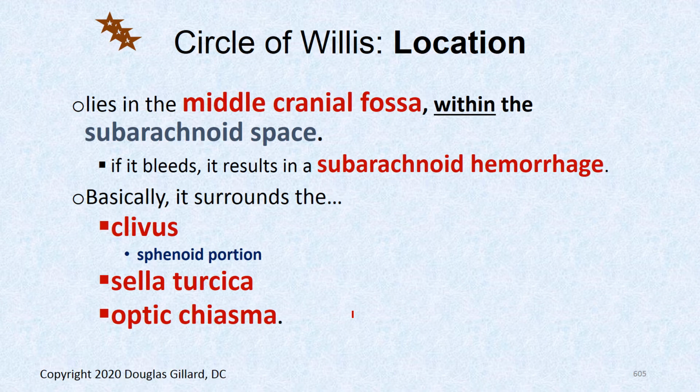And technically it's within the subarachnoid space. The dura is on the outside, and this is on the inside. So it's in the subarachnoid space. That's why if you get a bleed there, you get a subarachnoid hemorrhage. Specifically, it's found surrounding the clivus, sella turcica, and optic chiasma.